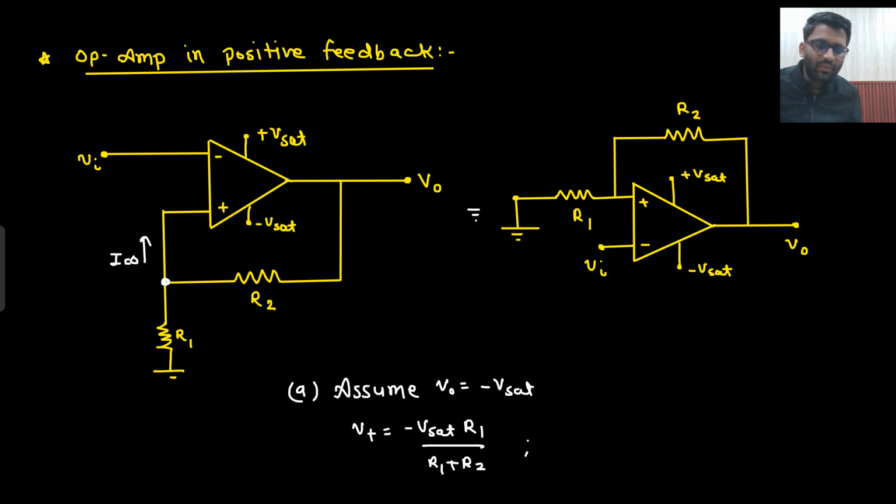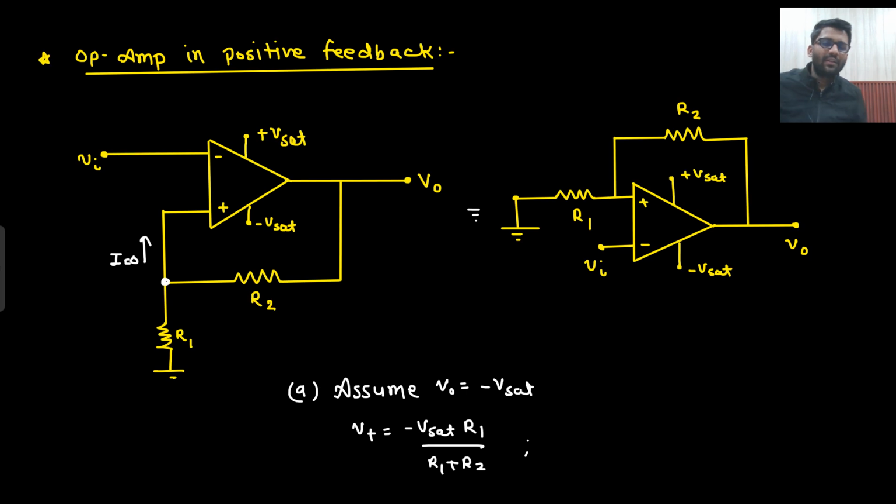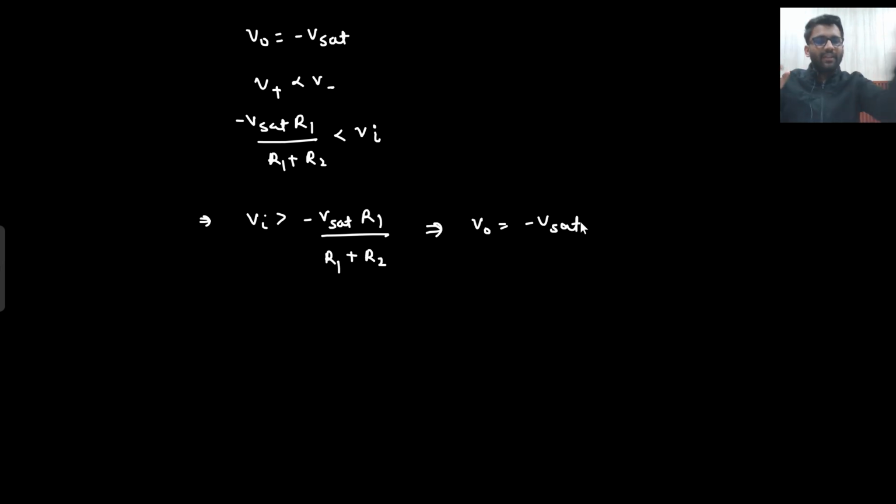V positive is minus Vset into R1 divided by R1 plus R2, and V negative is V in. So what is the condition we are getting here? If your V in is greater than minus Vset R1 divided by R1 plus R2, then your output is minus Vset.